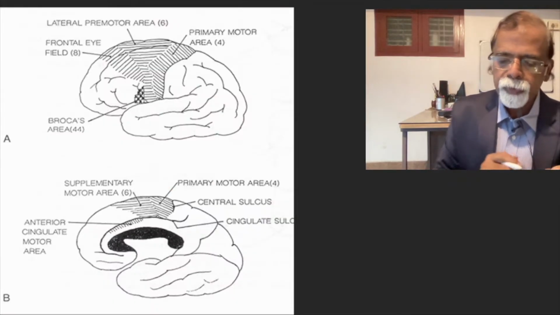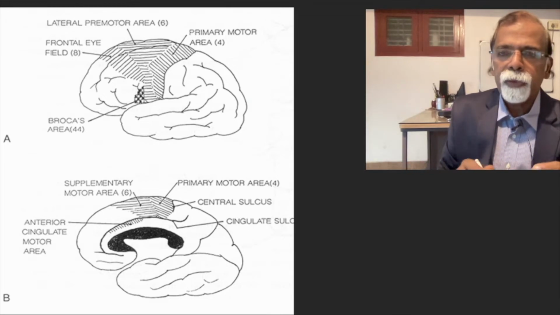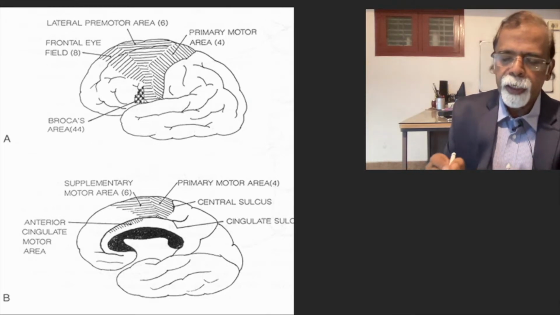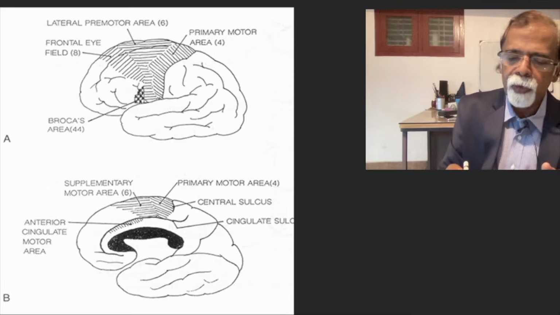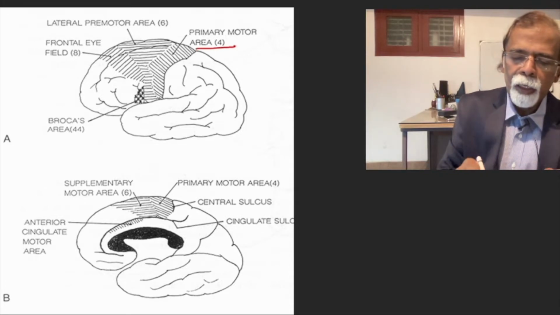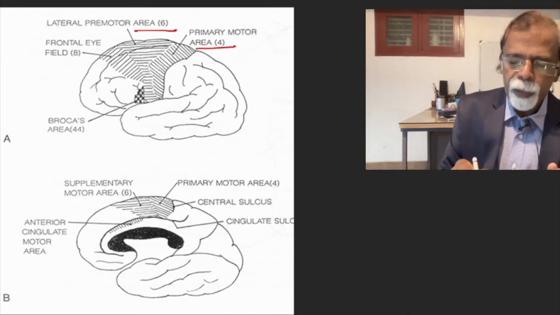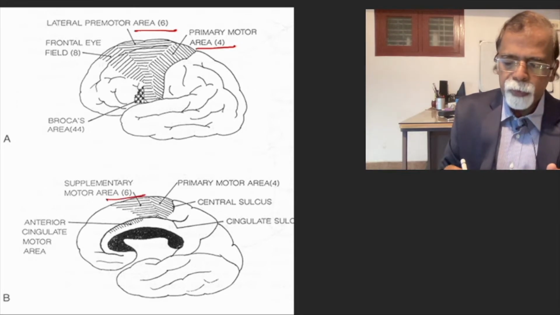Okay. So if you want to know the areas by Brodmann's number, the primary motor area is area 4, and the premotor is area 6. Supplementary motor area is area 6, and the parietal lobe is 3, 1, 2.